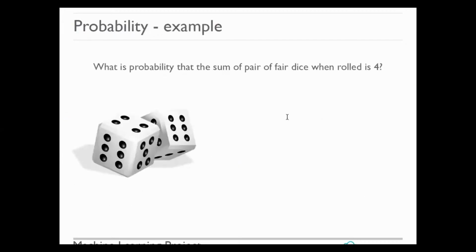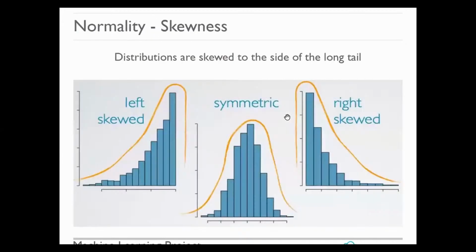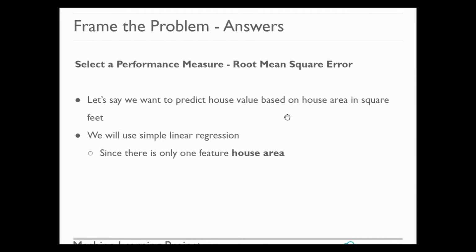Let me go to that slide. Now, for the sake of simplicity, assume we are predicting house price based on house area, and house area is given in square feet.